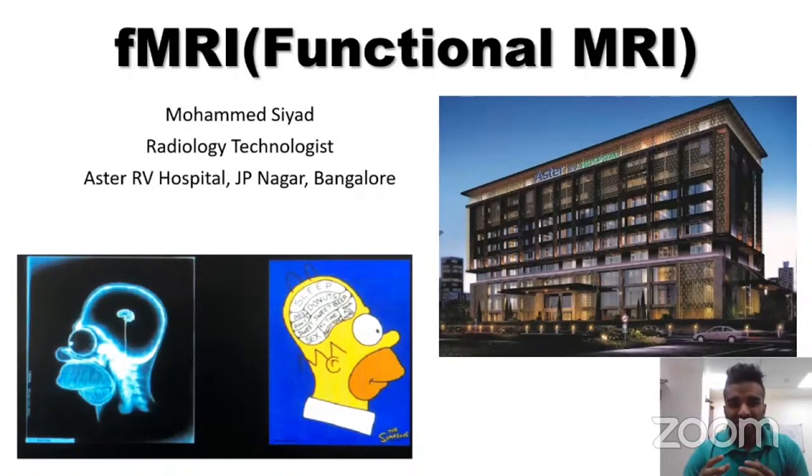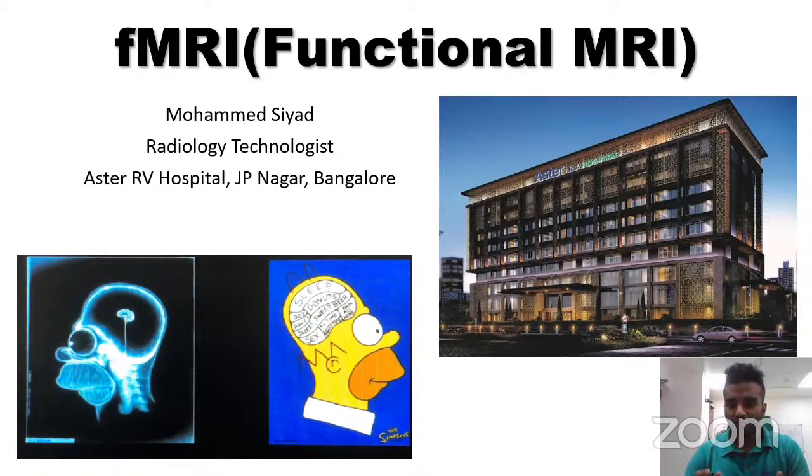Before we get into the session, I need to make sure that whoever is viewing is aware of the main difference between MRI and fMRI. Normal MRI is just acquiring images of anatomy or different structures of the body in different planes and different contrasts using different sequences.